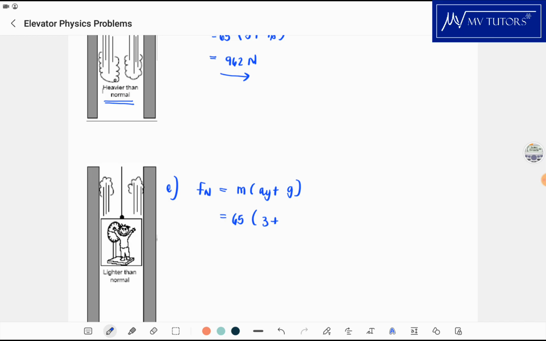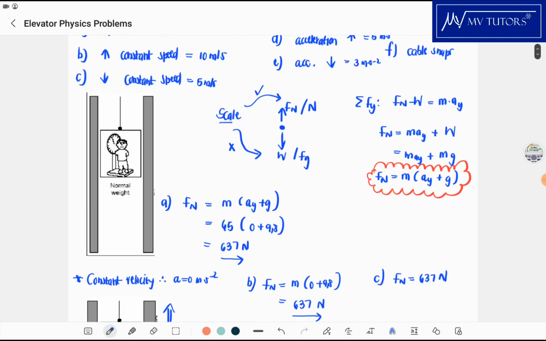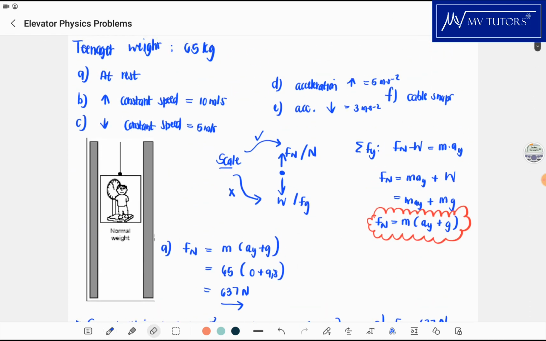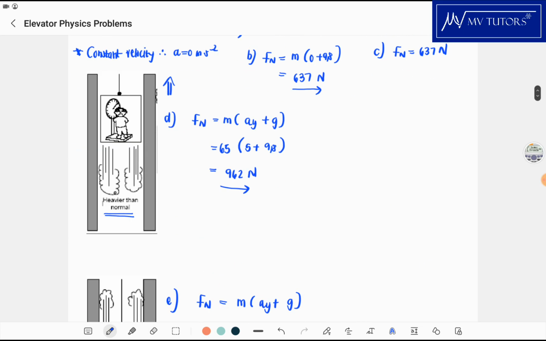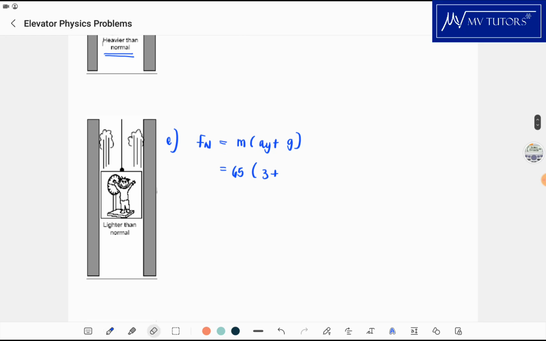Now let's be careful, because when you are accelerating down, it'll be a negative. Actually, let me use the same acceleration so that I can compare. It doesn't matter what we're using. Let's just use 5 as well: accelerating upwards, accelerating downwards. Because this acceleration is going downwards, we need to put the direction as it is. So minus 5 plus 9.8.